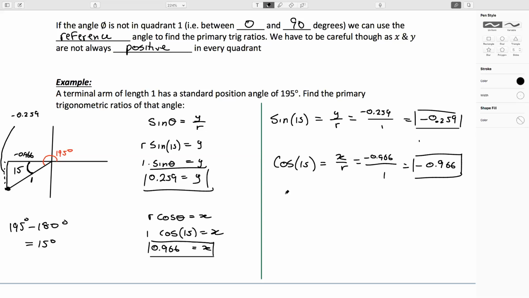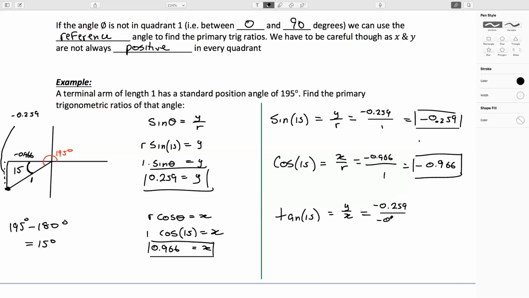Lastly, we can do this with tan. Tan of 15 is given by y over x. Technically, if you were to take y over r for sine and x over r for cos, it'll cancel into y over x. Put in our numbers. Y is negative 0.259.